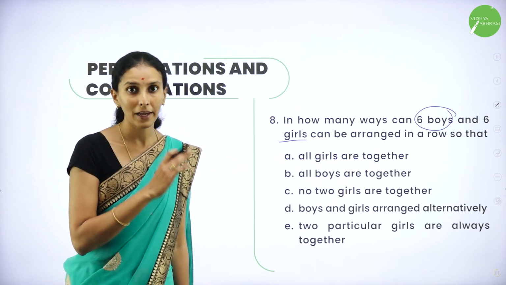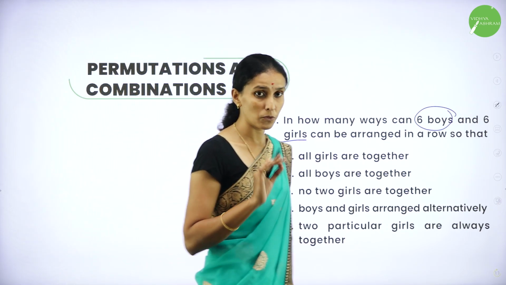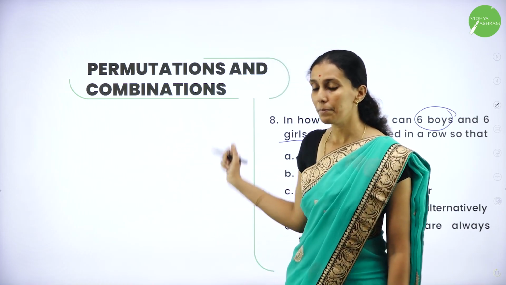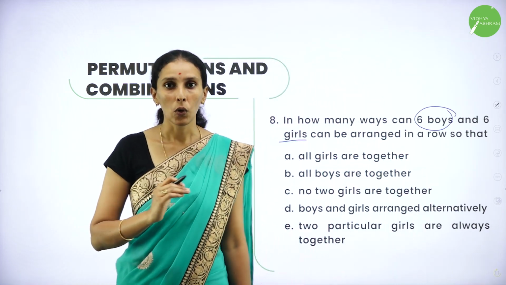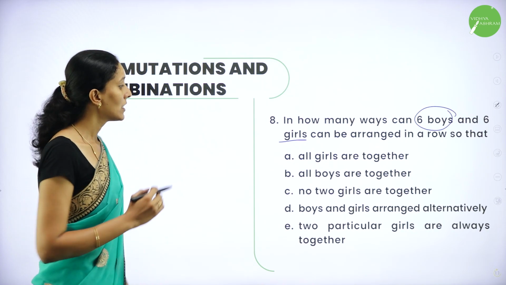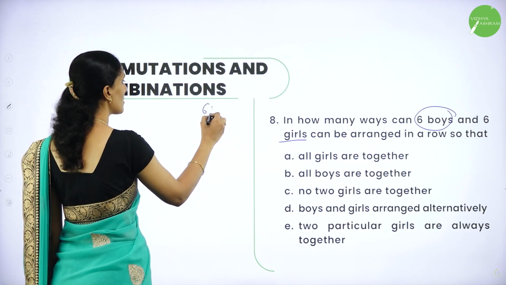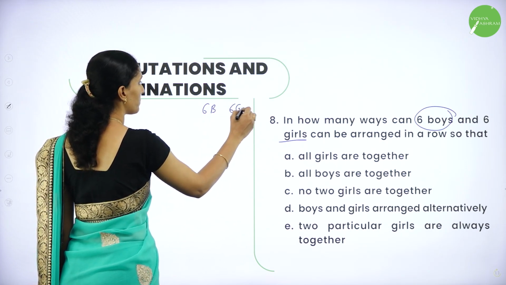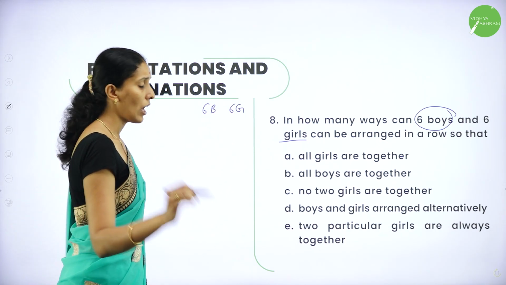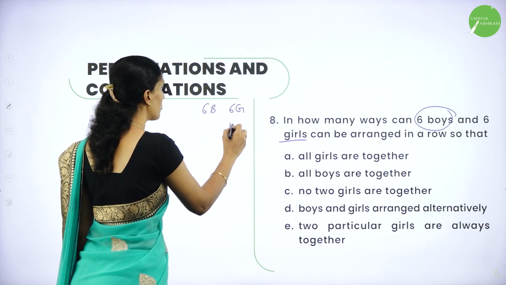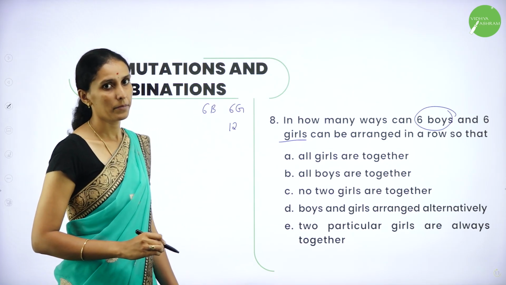So we have to apply all the concepts of type 1, type 2, type 3 and type 4 in one particular question. So let me go one by one. Given, we have 6 boys and 6 girls. So how many total members do we have? We have 12 members.